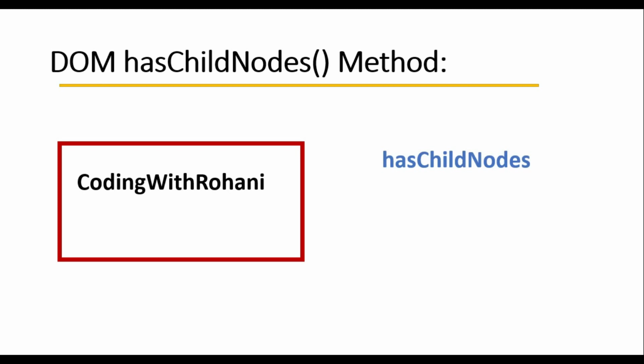This will check whether the div has a paragraph, a simple text, or any other child inside the div. The hasChildNodes will check whether anything exists inside this selected div, and it will print two values, true or false. Now let's jump over and check.